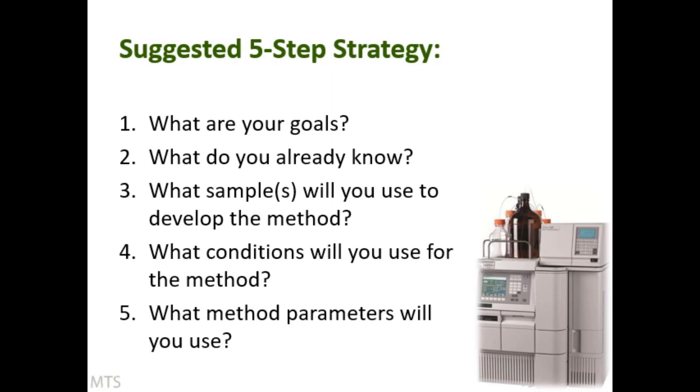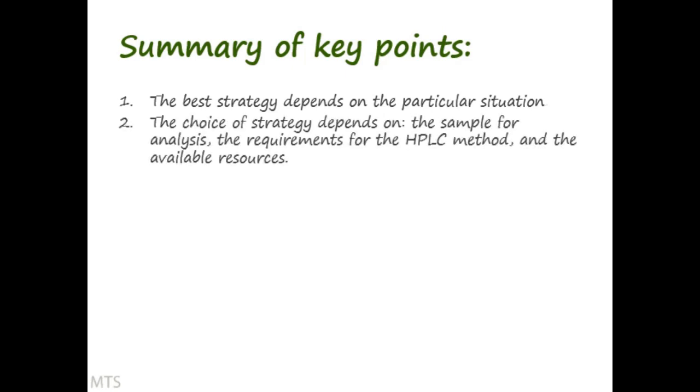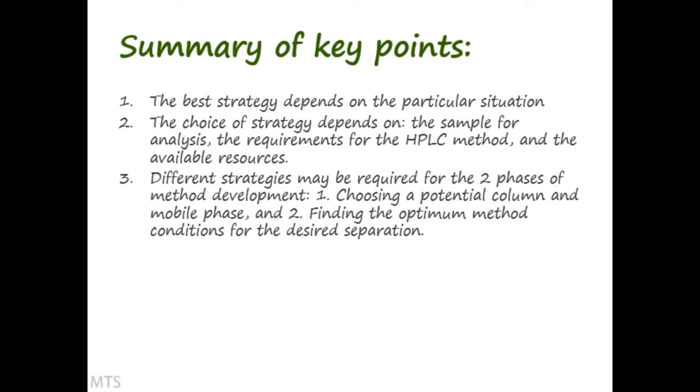And a summary of what we've covered is that the best strategy will usually depend on that situation. Your choice of strategy depends on the sample, the requirements for the method, and your available resources, those 3 things we picked up. Different strategies may be required for your 2 phases. Remember I talked about choosing the column and mobile phase, phase 1, and then finding optimum conditions, phase 2.